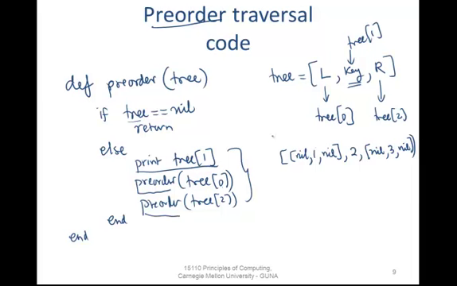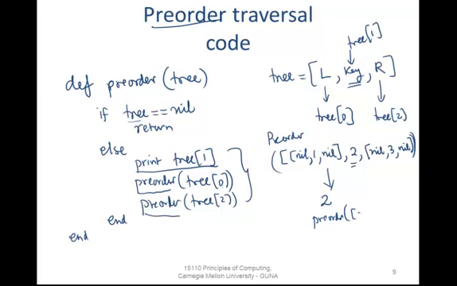So if you apply the function preorder to this, what's going to happen is it's going to come and say tree is not nil because you got 3 elements here. It's going to print the tree of 1, so it's going to print 2, which is the tree of 1. And then it's going to call preorder of tree 0.